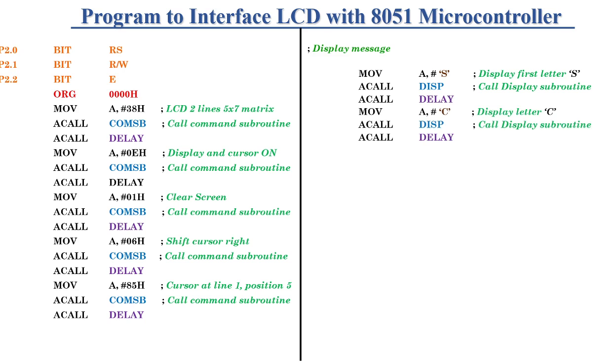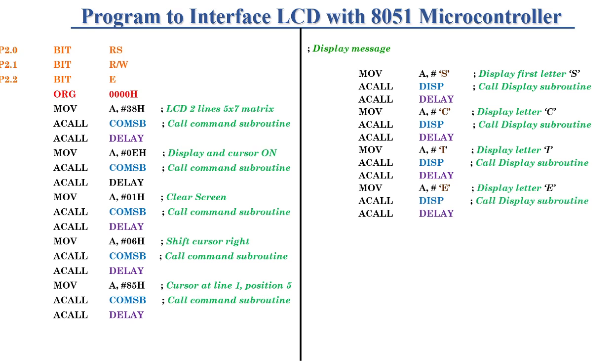Again, the second character, that is C, that we want to display on the LCD, will be loaded into the accumulator. Again the display subroutine will be called and some time is given. The next character, that is I, will be loaded into the accumulator, and again the display subroutine will be called, and some time is given.